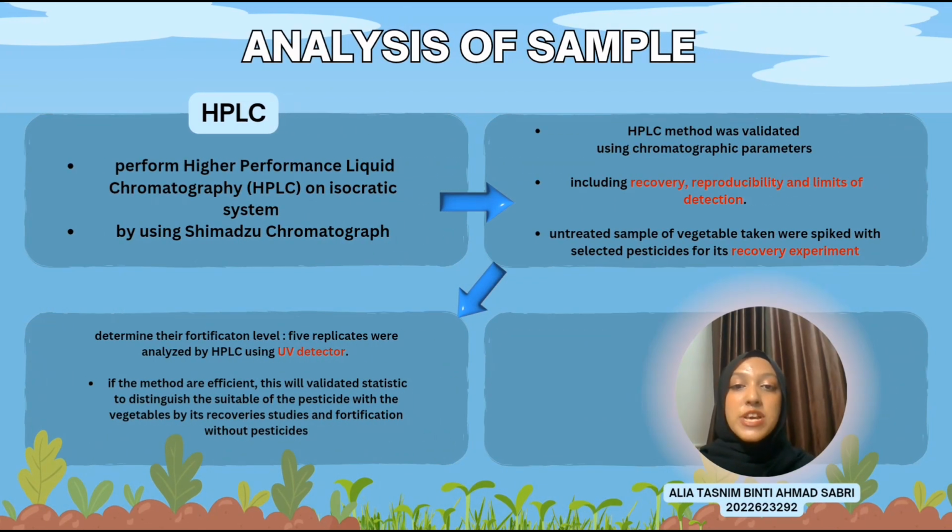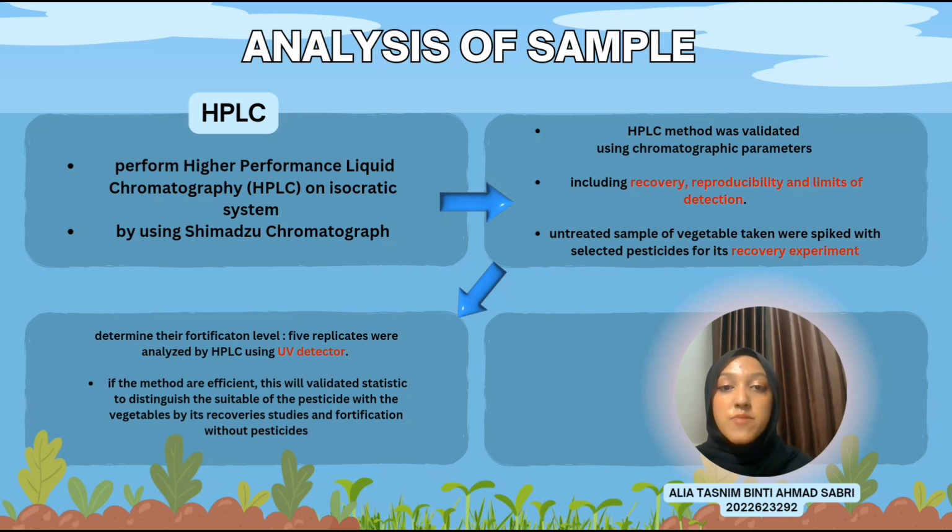We need to perform HPLC, which is high-performance liquid chromatography, on an isocratic system by using a Shimadzu chromatograph. Before analyzing the sample of vegetables, this HPLC method was validated using chromatography parameters including recovery, reproducibility, and limits of detection. Thus, untreated samples of vegetables were spiked with selected pesticide for the recovery experiment.